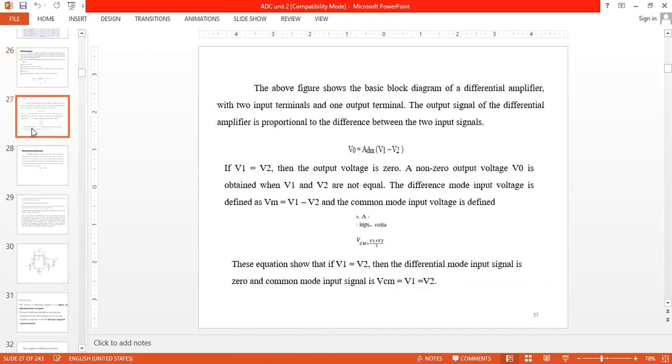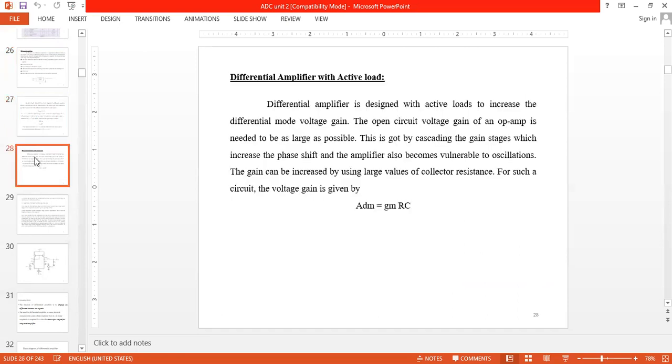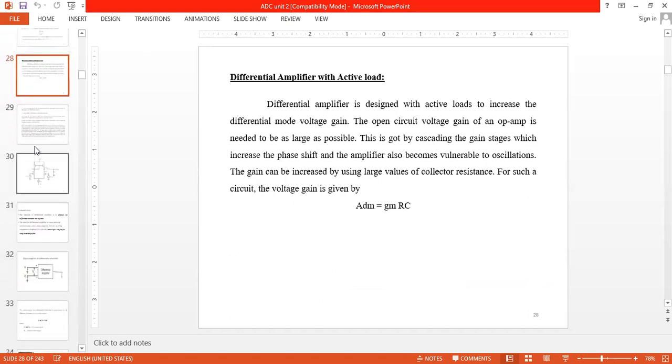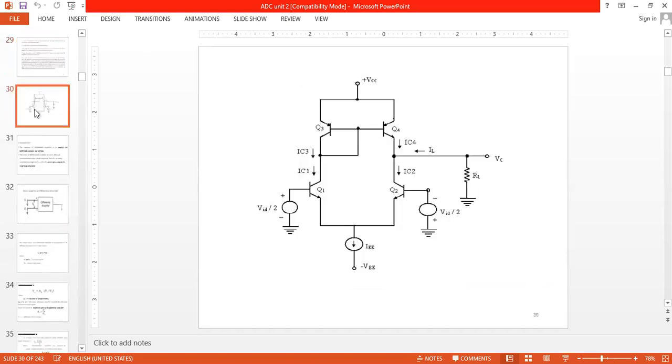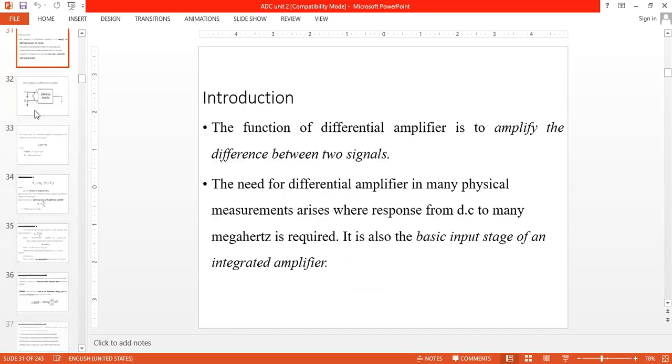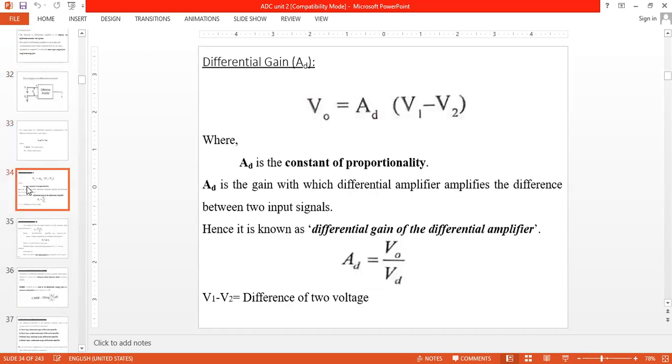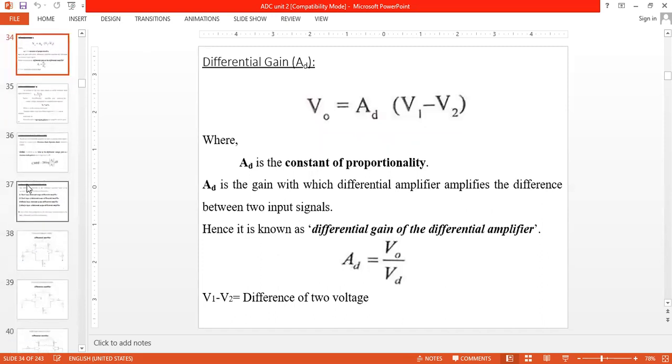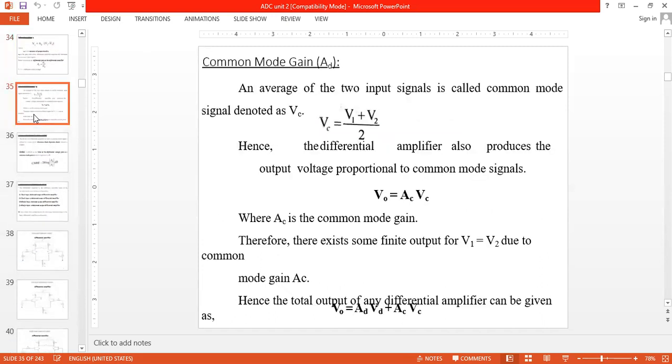So Vout is equal to the differential mode gain, that is ADM, times (V1 minus V2). Then differential amplifier with active load, differential amplifier circuit, differential gain, and common mode gain.